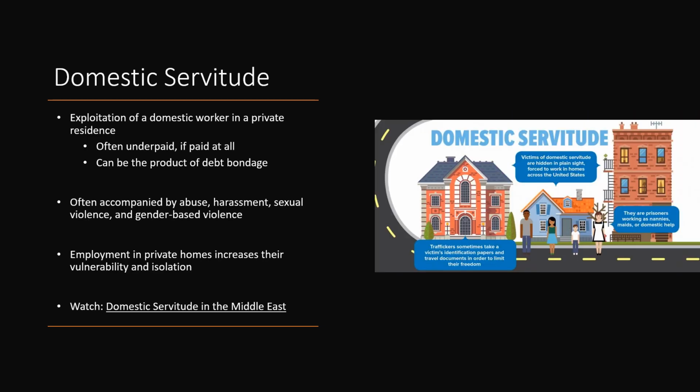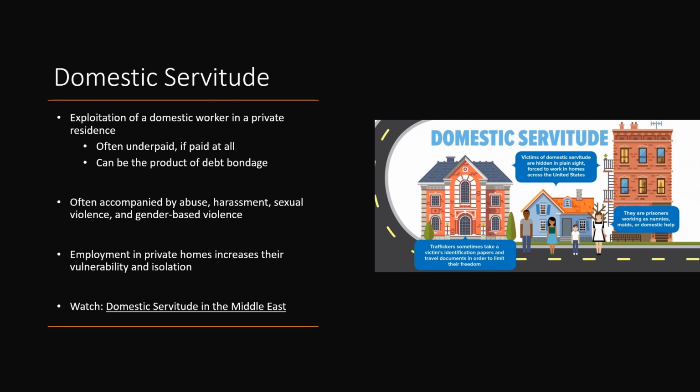Domestic servitude is really kind of what you think it is. When we think of slavery in our society, historically it has been domestic servitude. This is a form of human trafficking in which an individual is exploited as a domestic worker in a private residence.